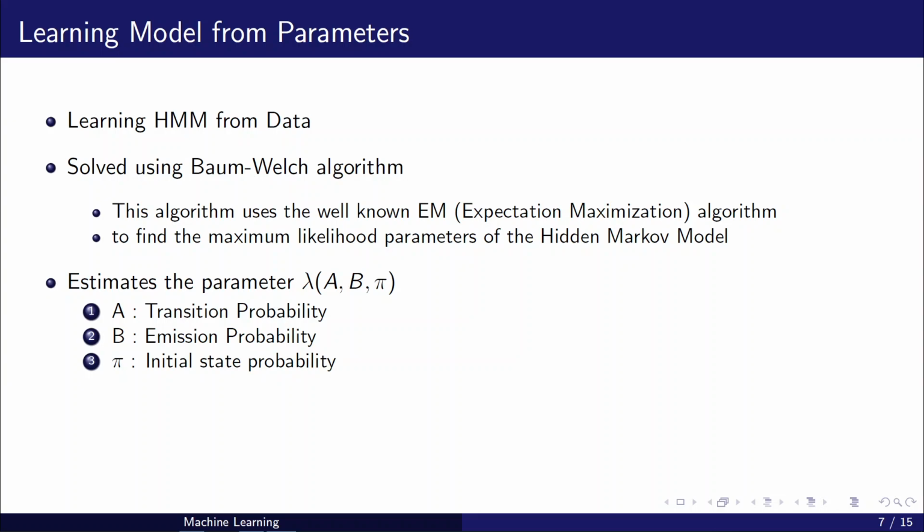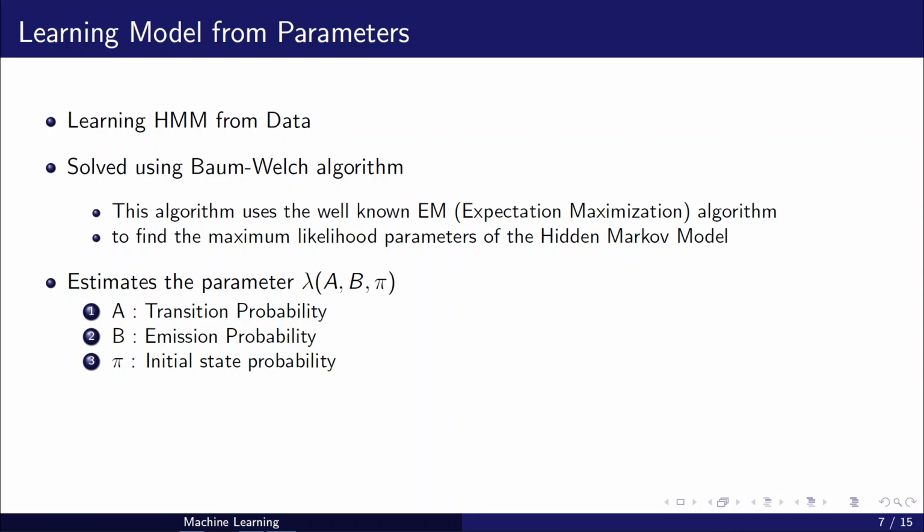Expectation maximization is generally used for finding maximum likelihood parameters where you have latent variables or hidden variables. If you don't have a latent or hidden variable in your model, then you can use maximum likelihood estimation to find the parameters. But there may be models, like the hidden Markov model, in which along with observed variables you have hidden or latent variables.